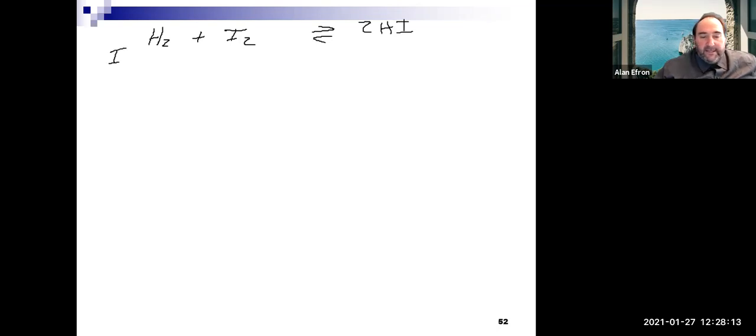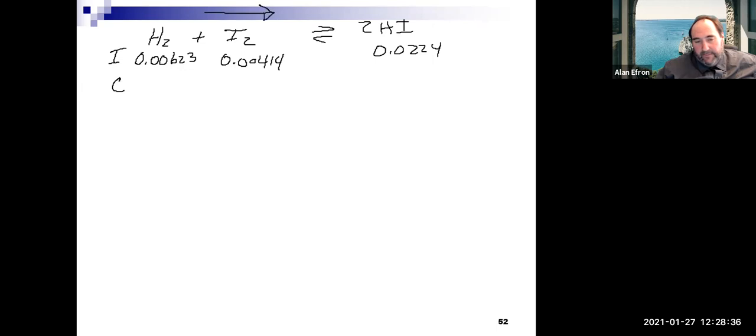Initially, we're just going to plug in our initial values: 0.00623 for that one, 0.00414. And in this case, we do have an initial concentration on our product side. By calculating Q, we determined that this reaction is not at equilibrium, but to reach equilibrium, it needs to go to the product side.